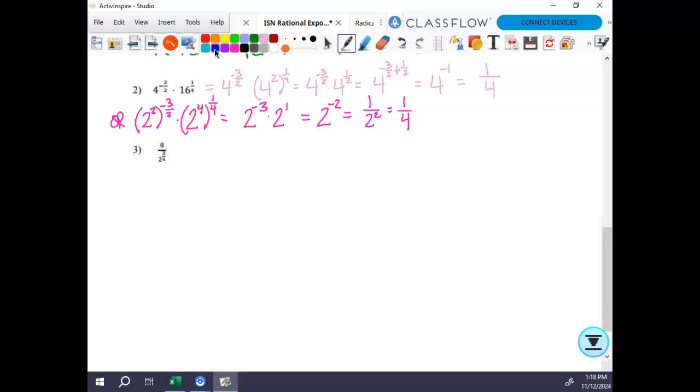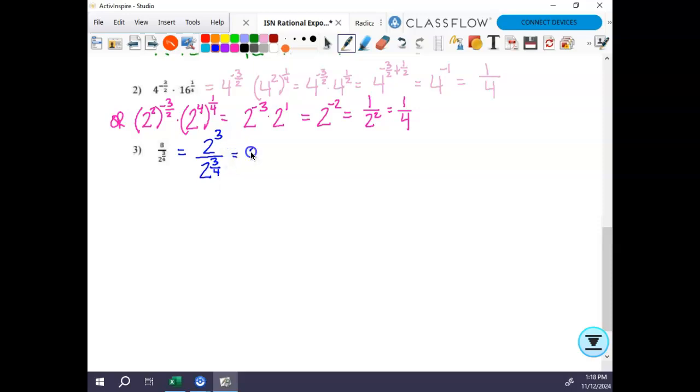All right. So I need to get the same base here. I can rewrite 8 as 2 to what power? Third. 2 to the third over 2 to the 3/4. When I am dividing two terms with the same base, what do I do with the exponents? Subtract them.